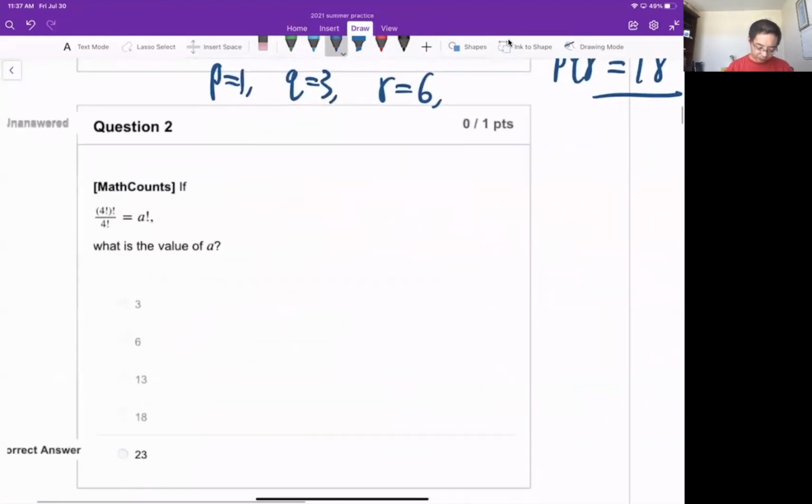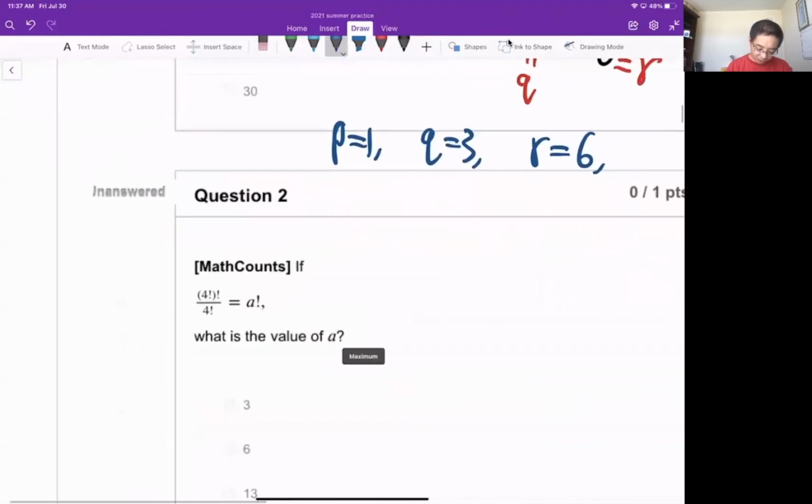Question number 2. If we have 4 factorial equals a factorial over 4 factorial, what is the number a, which is an integer? For this problem, the main issue is we need to remember the definition of the factorial operation.